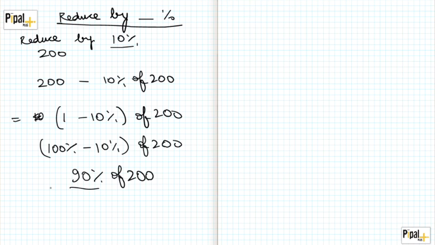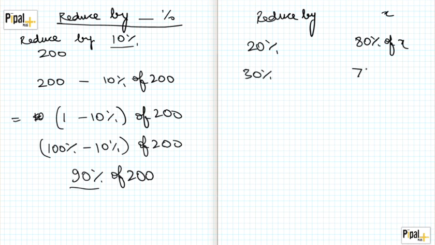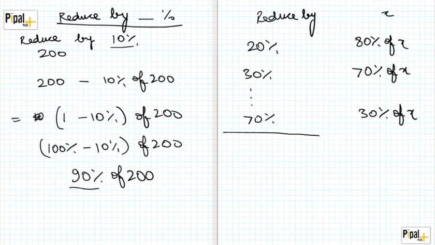Likewise, if I'm asked to reduce by, let's say 20%, then the original number becomes 80% of itself. If I'm asked to reduce something by 30%, then the number becomes 70% of its original self, and so on, right? So if I'm asked to reduce by 70%, the number now becomes 30% of the original number. Now, just like last time I had a problem with by, I may have problems with to also.